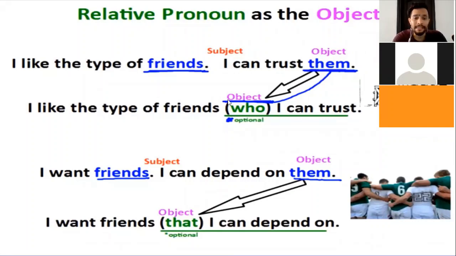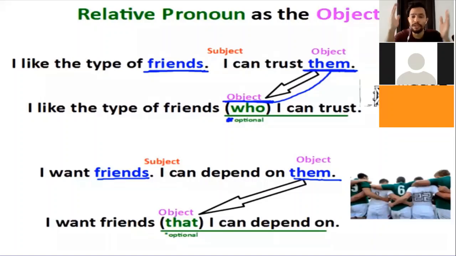Now, there's something that I'm pretty sure you can see from here, and is that down here we have the word optional, right? Optional. What does it mean? It means that when you have this kind of relative clauses with object only, you cannot use this with a subject.